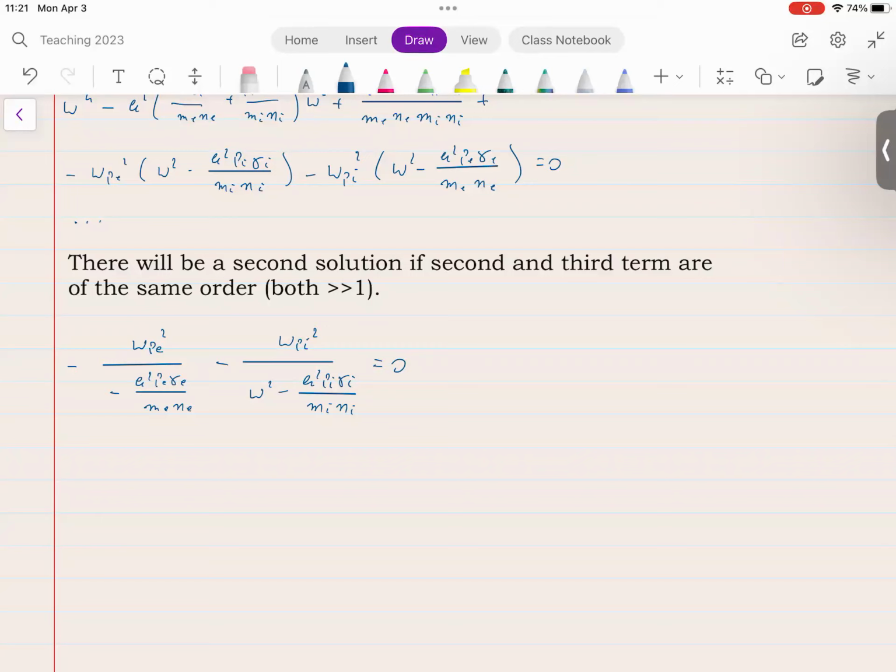Okay, and this is now fairly straightforward to solve.